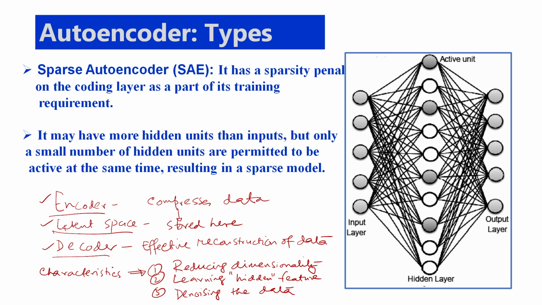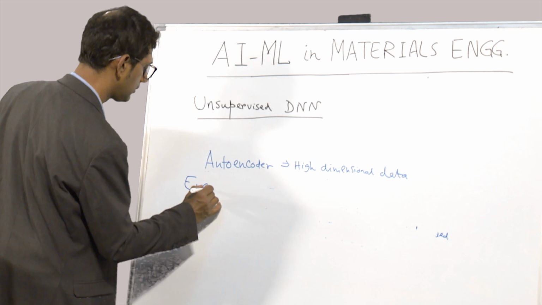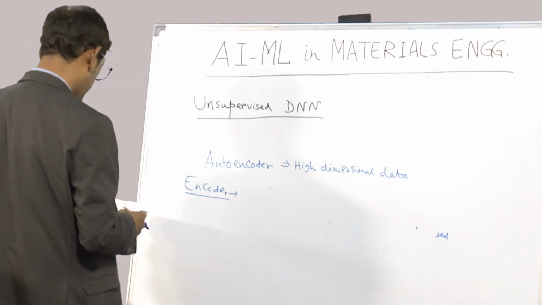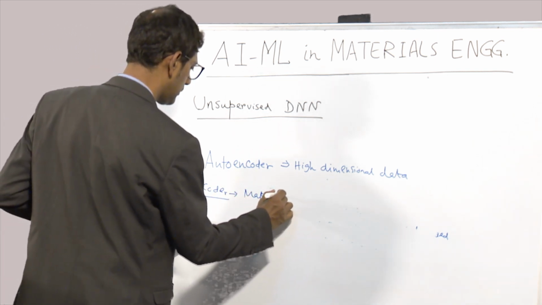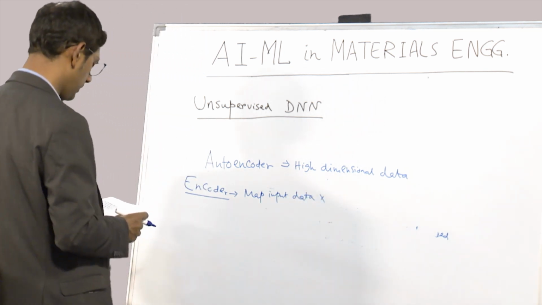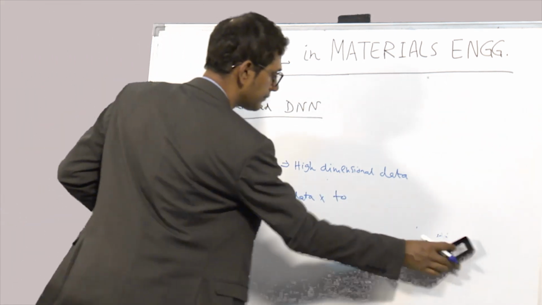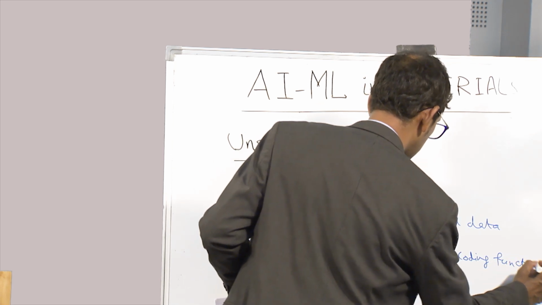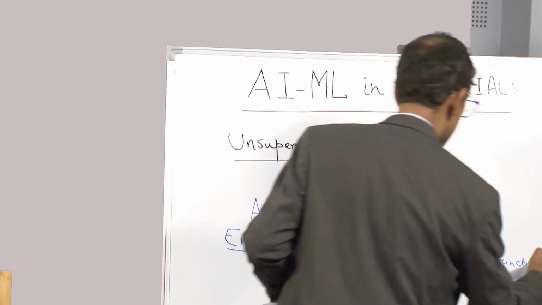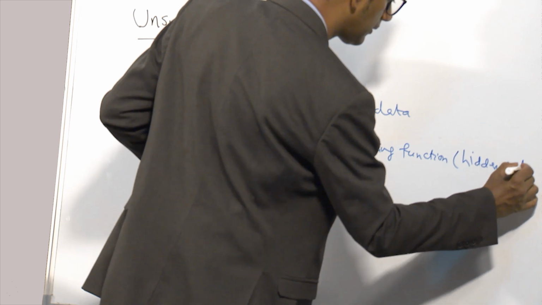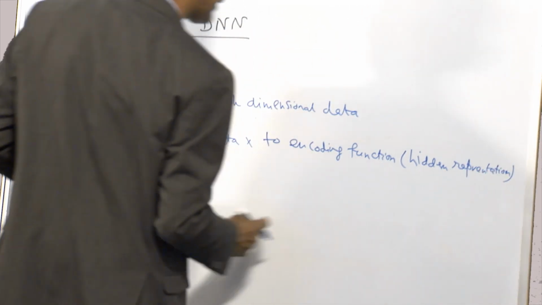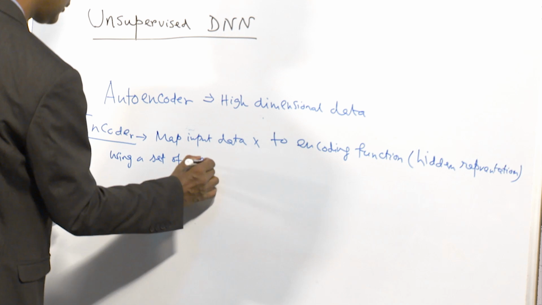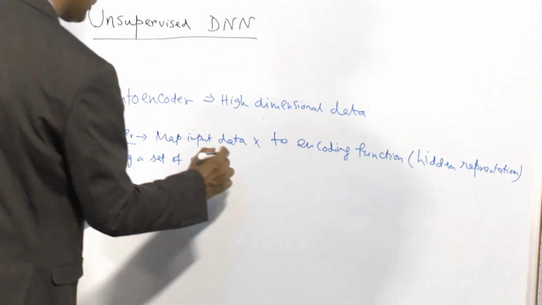So, the encoder will map the input data x to an encoding function, which can also be called a hidden representation, using a set of weights, which are very common, and biases.